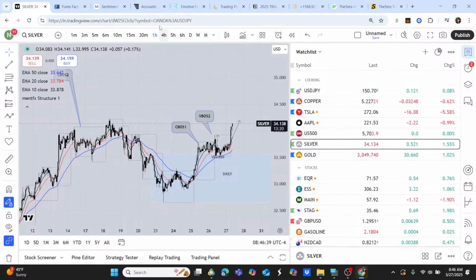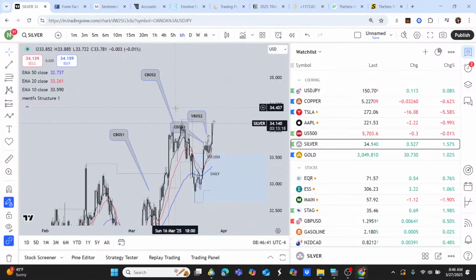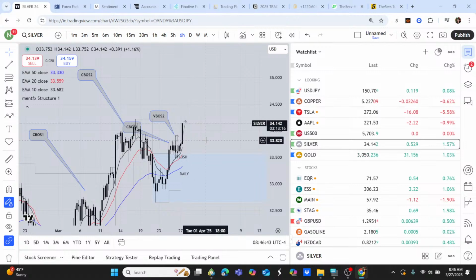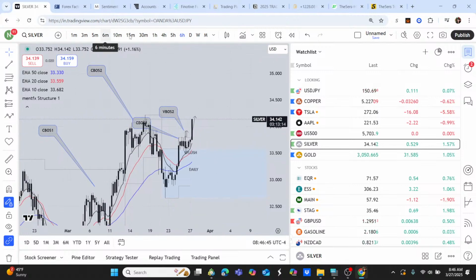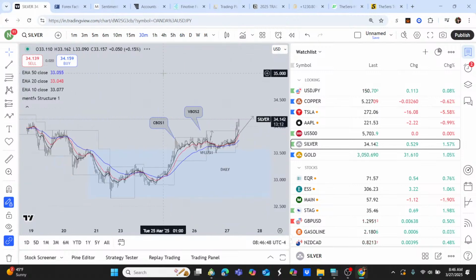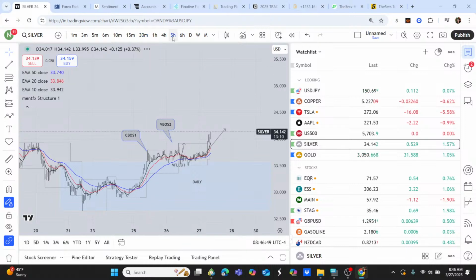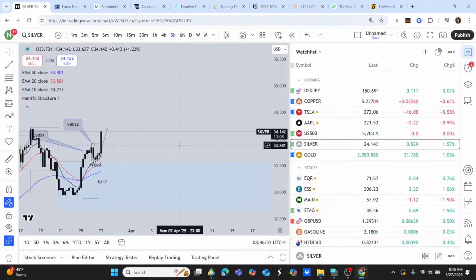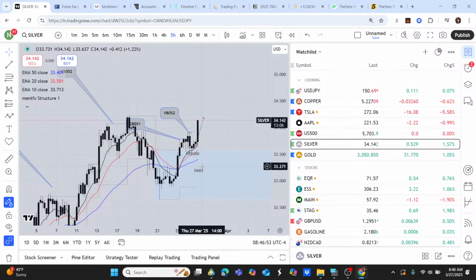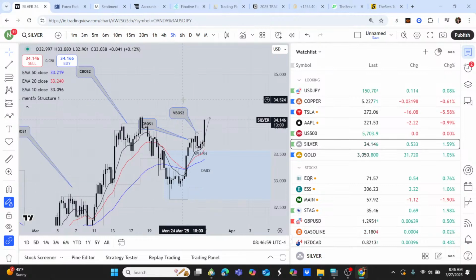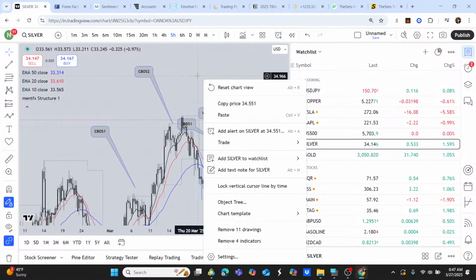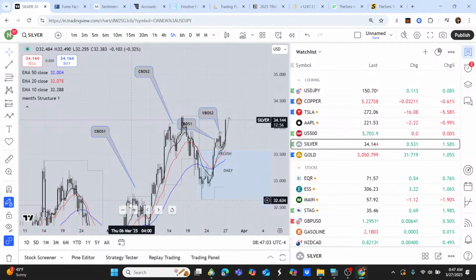So let me see. If I go on a 30-minute time frame, start with the 5 hour. So the 5 hour is in a good context. So we flush, take the first. So let me just delete all this right here.